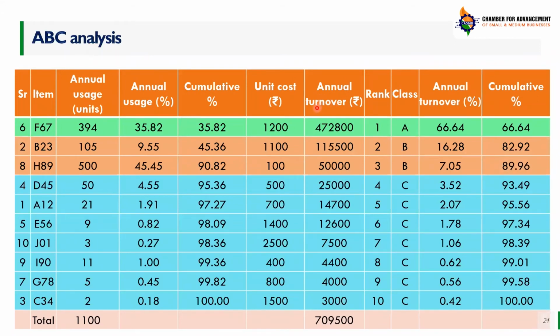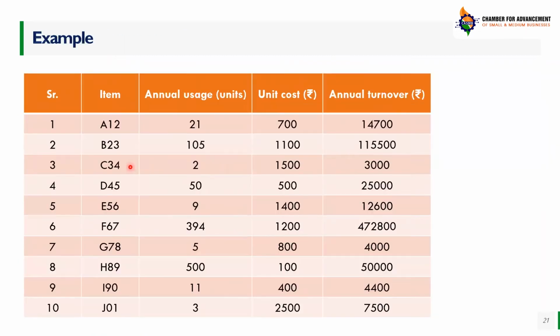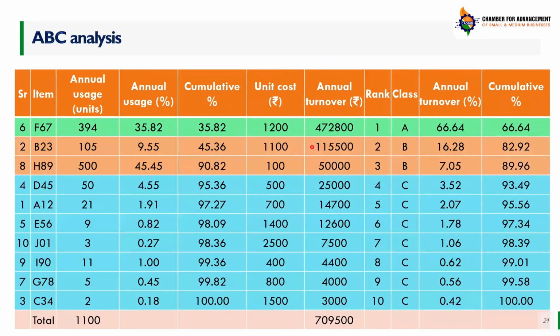If we see ABC analysis, what are the numbers? The items giving 65% of the turnover are classified into A, 25% into B, 10% into C. Now we have this table, so we can see that close to 65 is this one, 66. So just this single item is giving us annual turnover of 66% yearly.